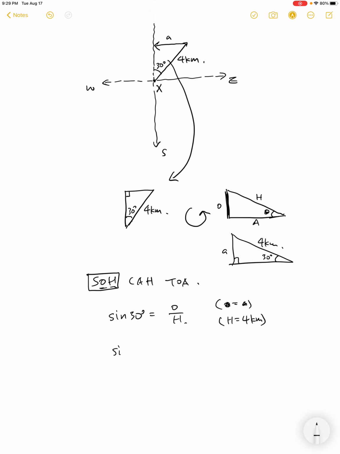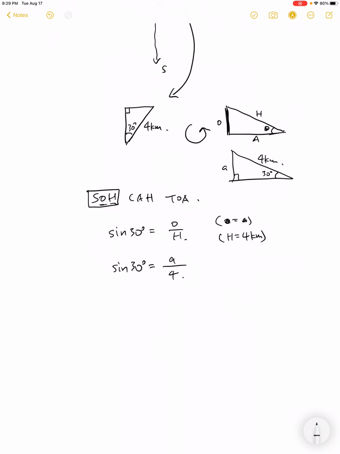So let's rewrite this. We have A over 4 kilometers. From what we have covered, what is sine 30? Sine 30 is 1 over 2. So 1 over 2 is A over 4. So what's the distance of A?